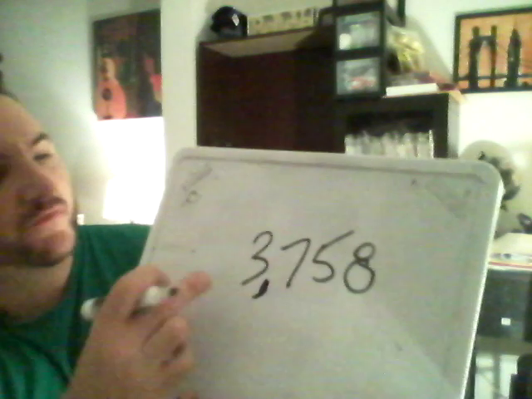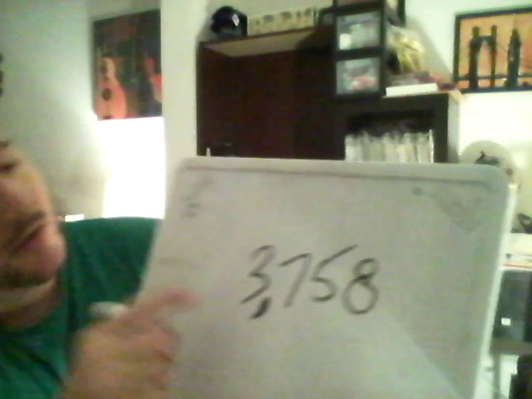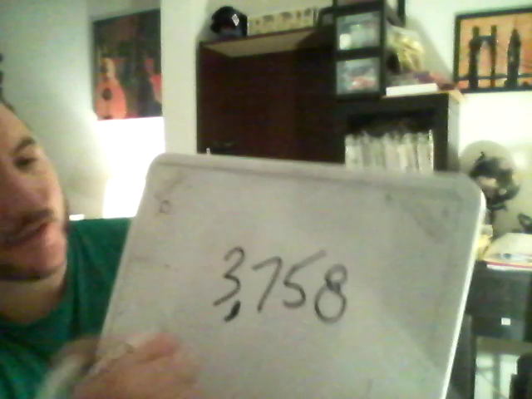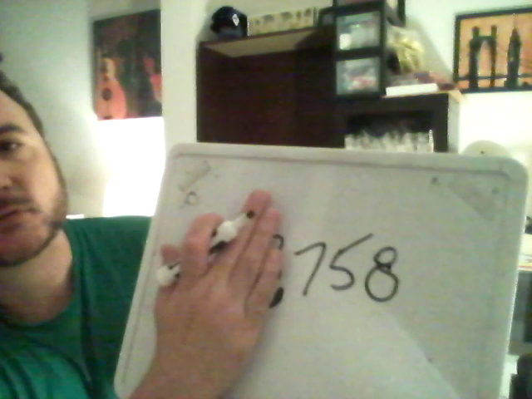Now, how are we going to say this? Remember, this comma separates the 1 section from the 1,000 section. 3,758. Okay?